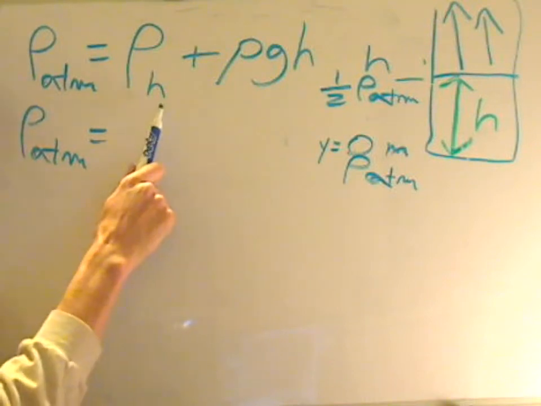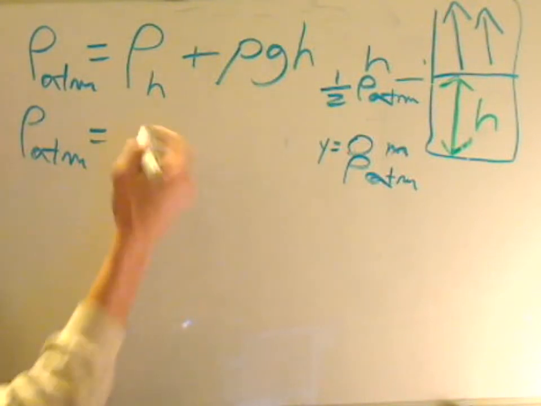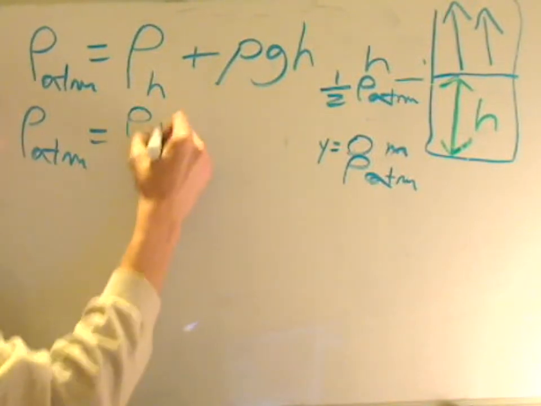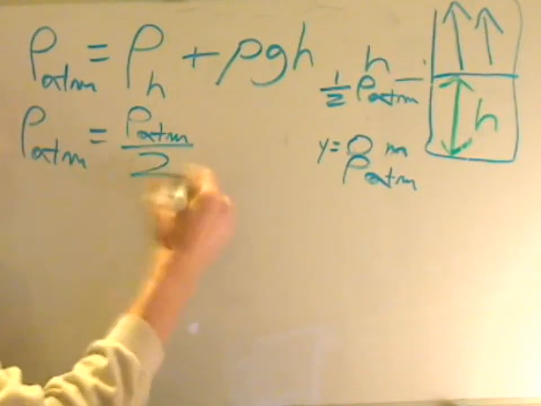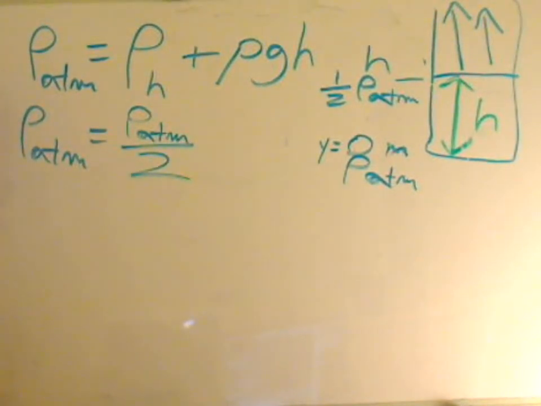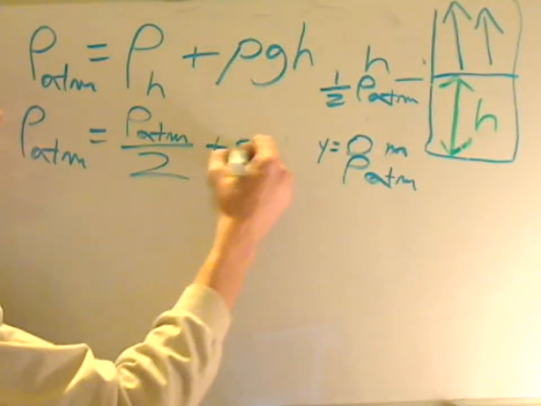Now, what is this pressure? We're told it's half of atmospheric pressure, plus rho g h.